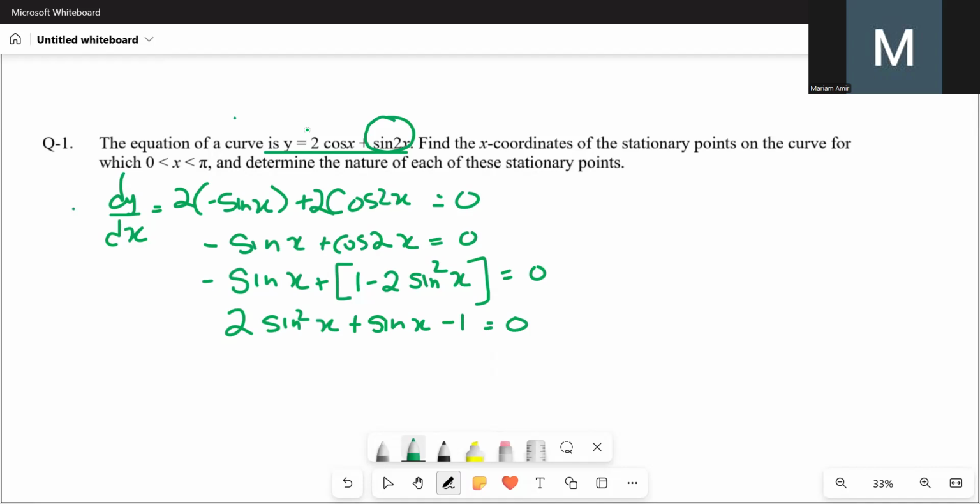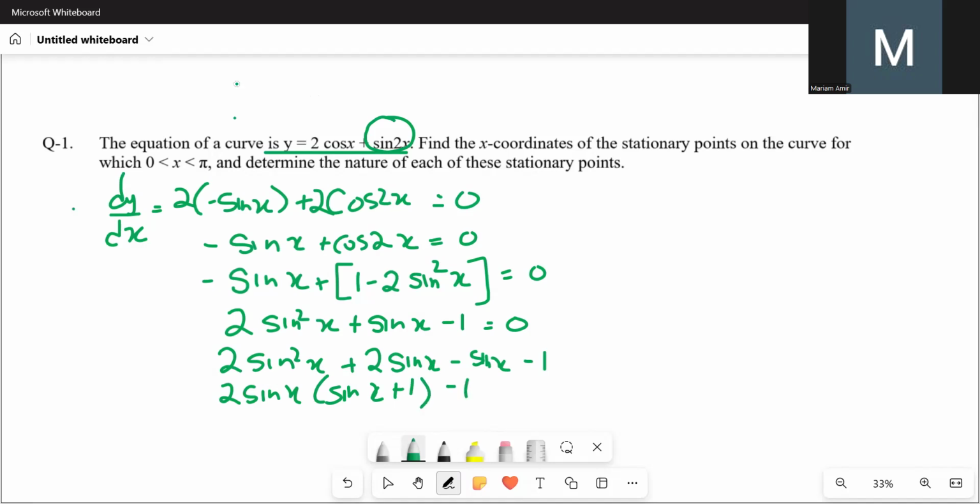Now I'm going to factorize this using middle term breaking. The factors would be 2 and negative 1. So break the middle term: plus 2 sine x minus 1. Take sine x common, and we get 2 sine x minus 1 times sine x plus 1.